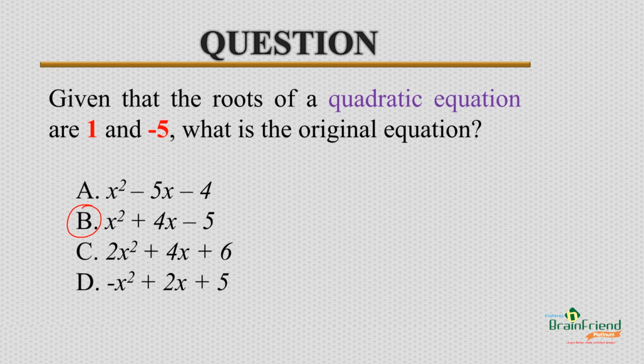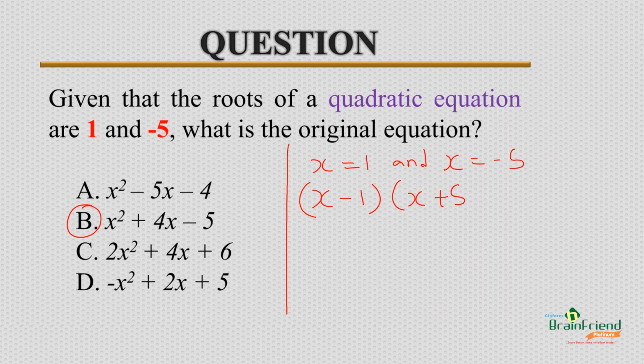And how did we get this? Remember, the roots are x equal to 1 and x equal to minus 5. By making them factors, we have x minus 1 and then x plus 5. Both of them are equated to 0.